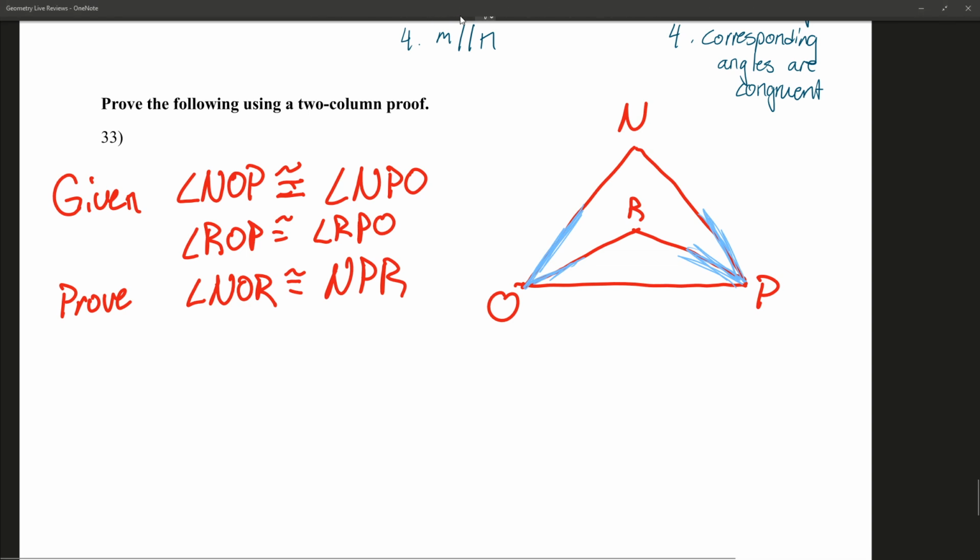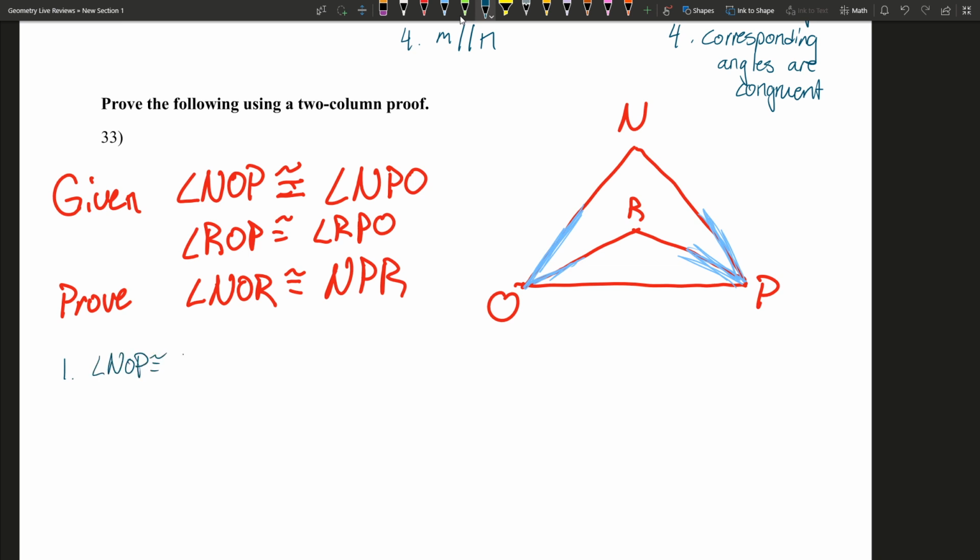All right, so step one is just repeat what's given. And then work on solving this.